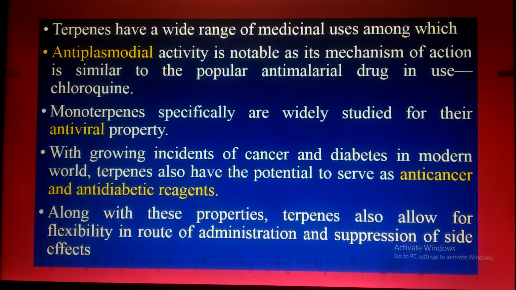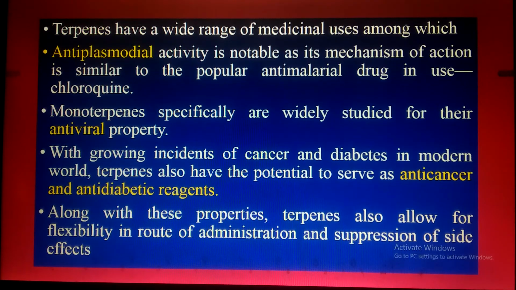Terpenes have a wide range of medical uses, among which they act as an antiplasmodial. Antiplasmodial means like the drug from the cinchona plant, which is chloroquine, which is used for what? For malaria. Similarly, monoterpenes specifically are widely used for their antiviral property. They act as an antiplasmodial and they are antiviral.